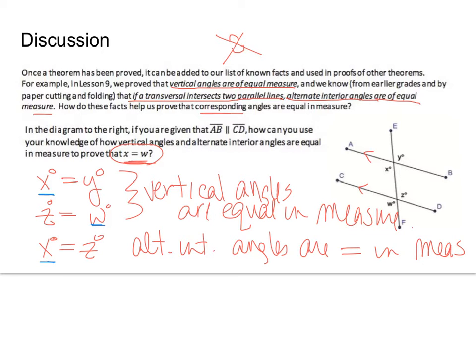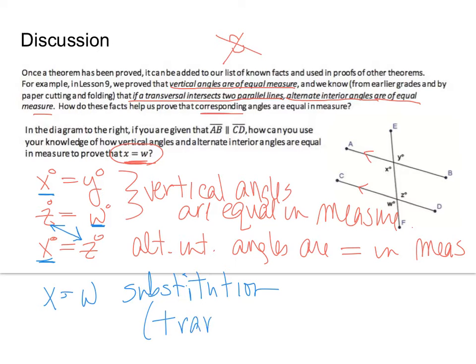What's cool here is I have Z equal to W and X equal to Z. So those are the same, and I'm trying to find X is equal to W. I think I've done it. So I can now say that X is equal to W because of substitution. Substitution. You can also say the transitive property, which we've already talked about just a little bit. They're very similar properties.